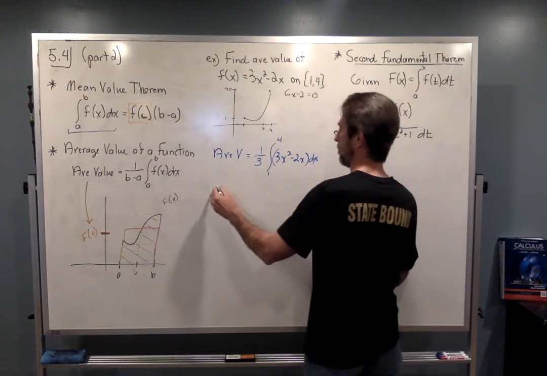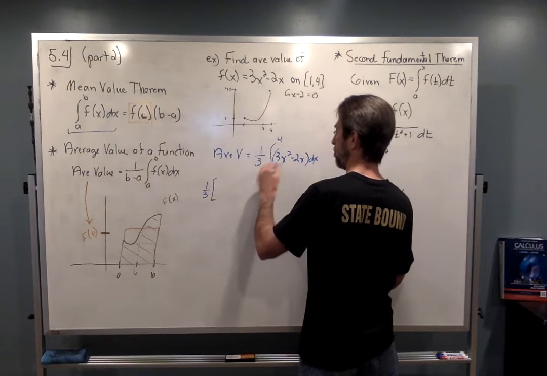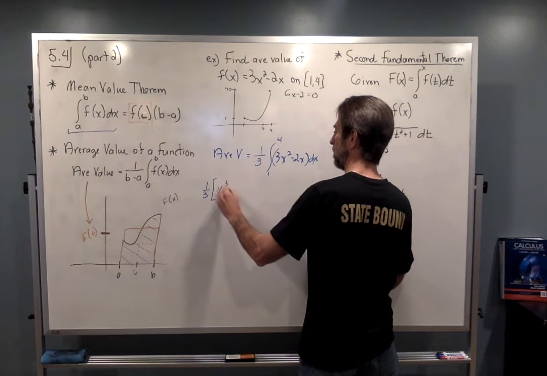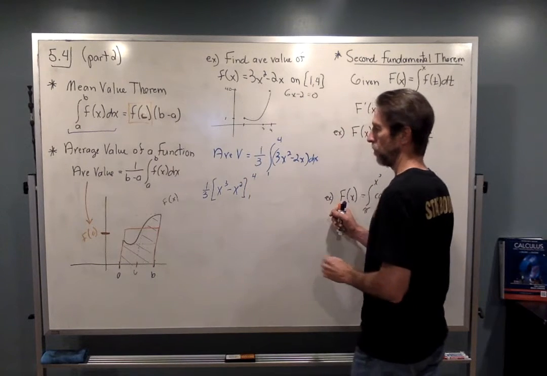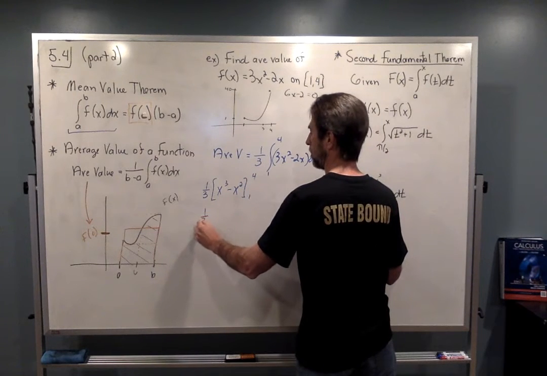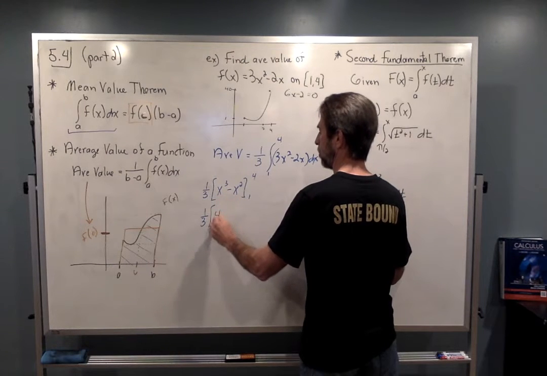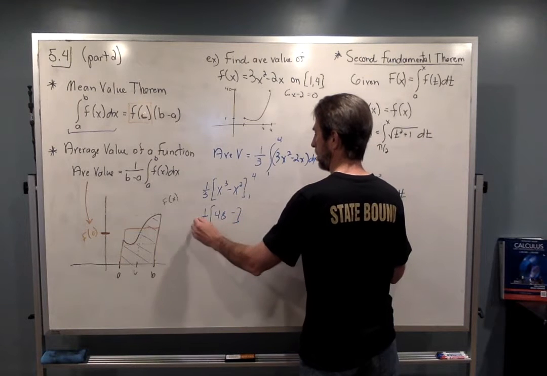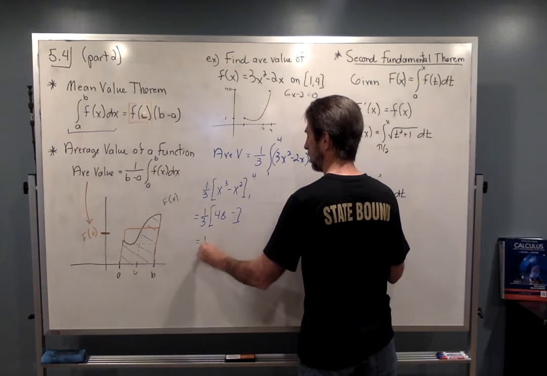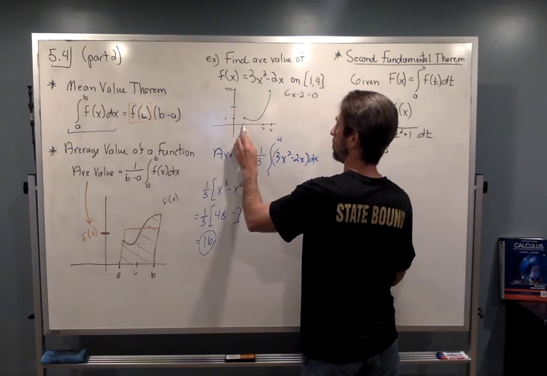So the average value of the function would be 1/3 times x cubed minus x squared from 1 to 4. That's going to be 1/3. 4 cubed is 64 minus 16 is 48. Minus, that's basically 0. And so you get 16. So wherever 16 is, that would be the average value.